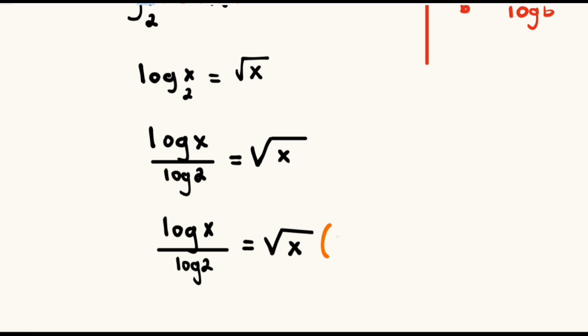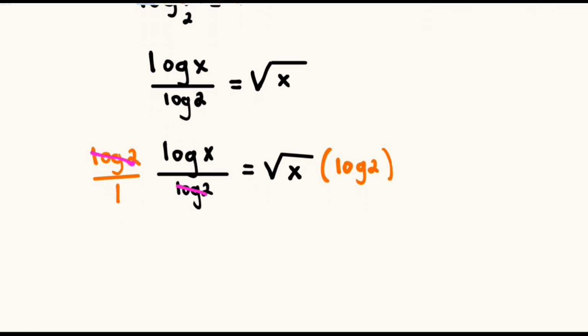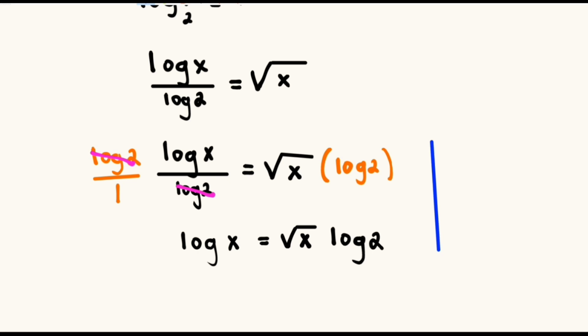We multiply both sides of the equation by the log 2, and that log 2 and that log 2 will cancel out, and log x will equal the square root of x multiplied by the log 2, and we have to use the logarithmic law.